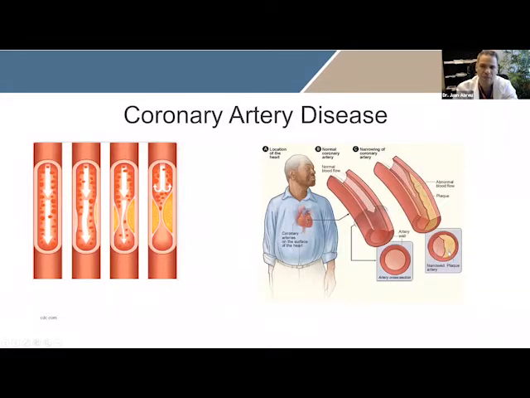In general, we will diagnose coronary disease when you have more than 50%, when half of the lumen is occluded. And when it's more than 70% occluded, we will call that severe coronary disease, which is going to take us to, once we talk about it in the next couple of slides, the indications for surgery.